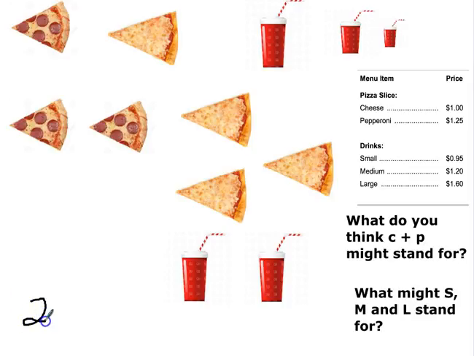And if you said 2p, you're absolutely correct. You have 2 pepperoni slices. And how about this here? What is your coefficient and what is your variable for these items here?